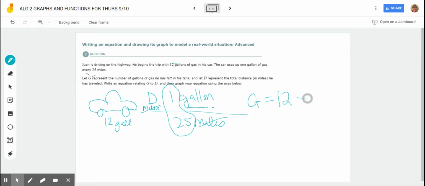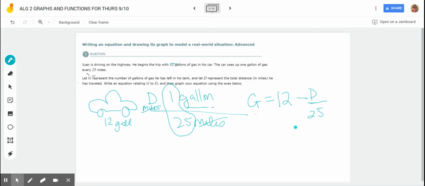And then we are going to subtract 1/25th of D. Now you can write it like this, 1/25th times D, or you could write it most likely as 1 times D is D, so you would simply write D over 25. Okay, D over 25.